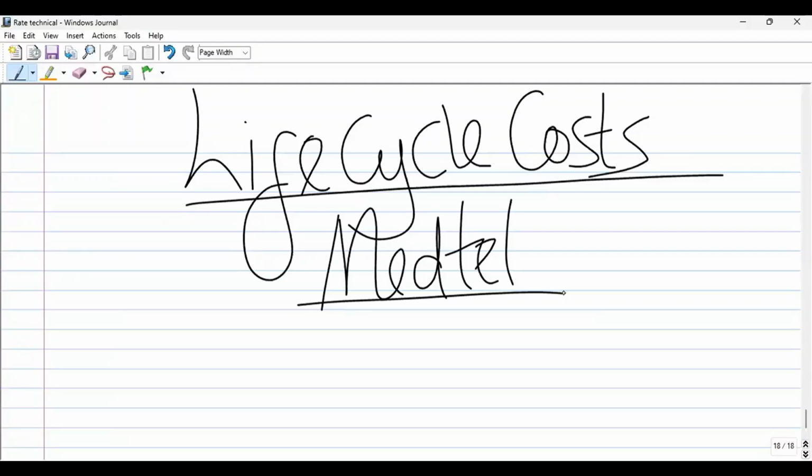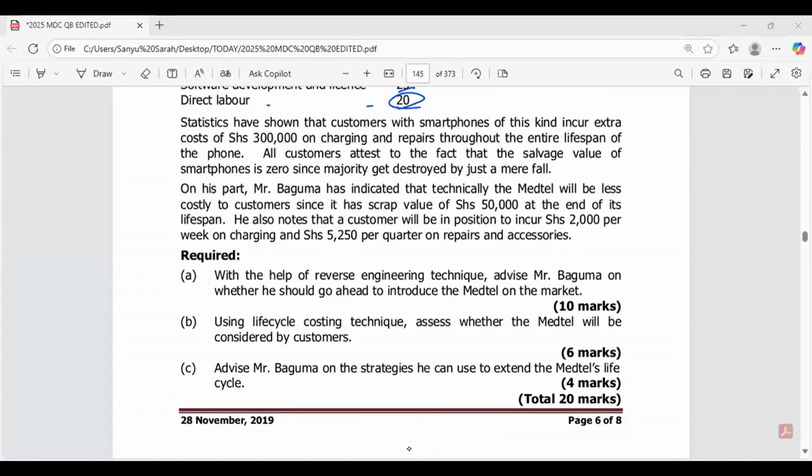Now, in this question, we don't have a required rate of return. So we don't have those things of discounting. They have not talked about the required rate of return anywhere, so don't bring in discounting. We just see the life cycle costs they are going to incur if they use the Meditel.